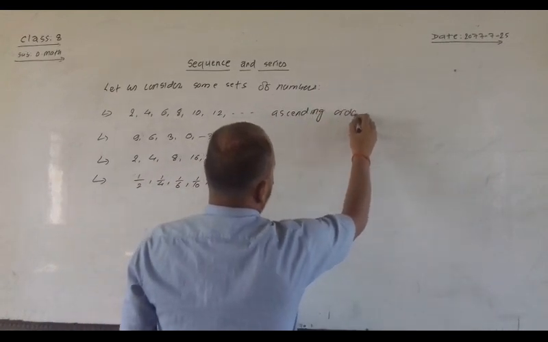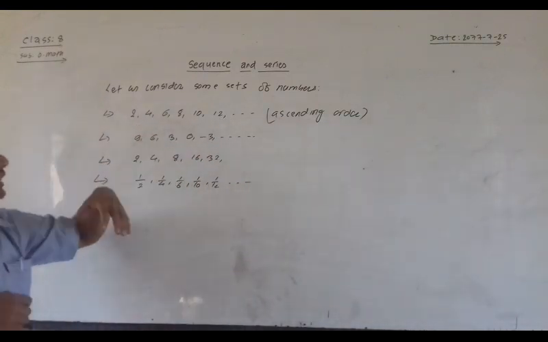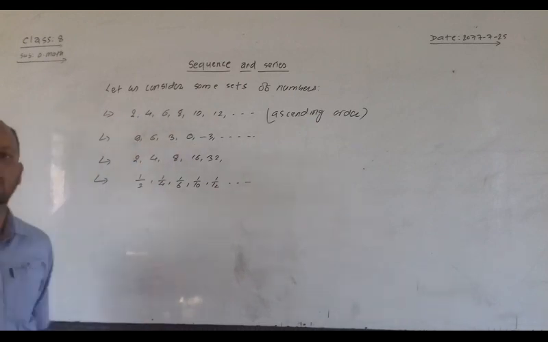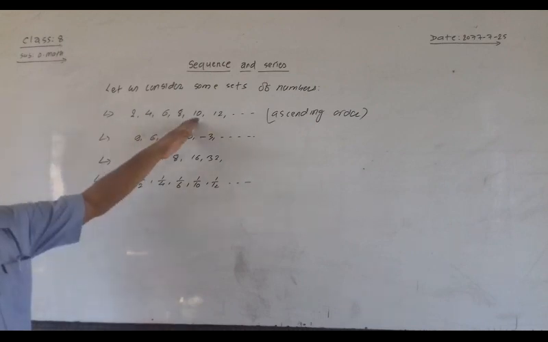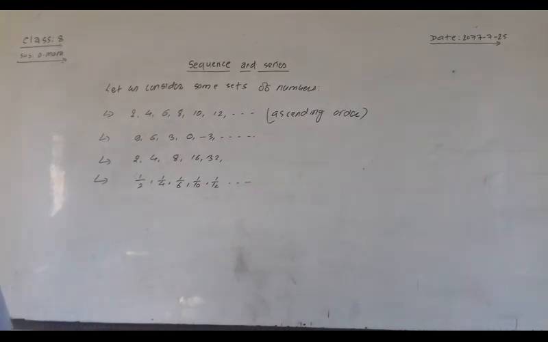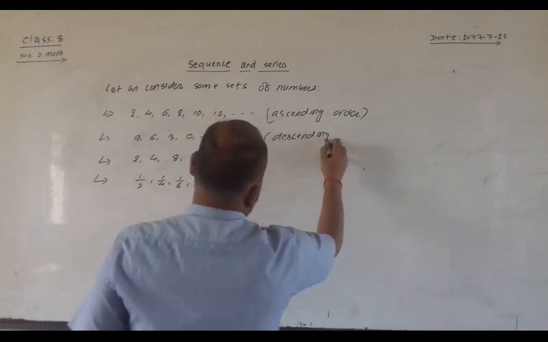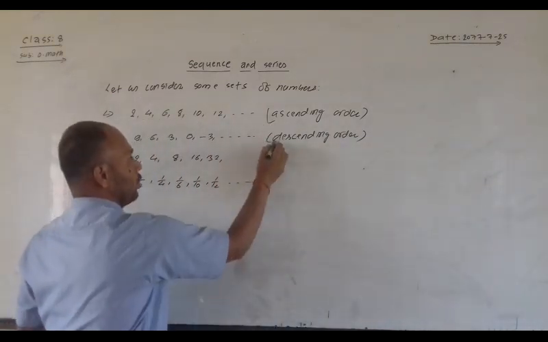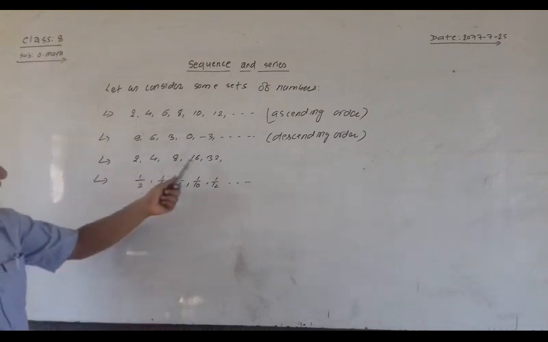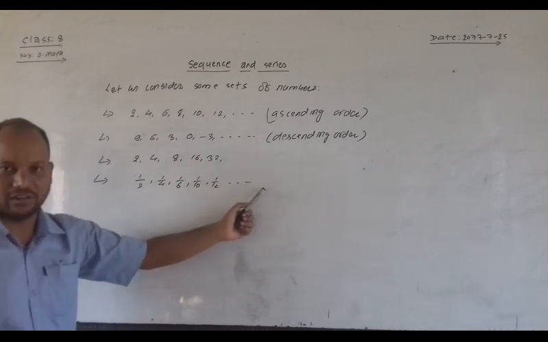Ascending means small to big, and the second one is arranged in descending order.